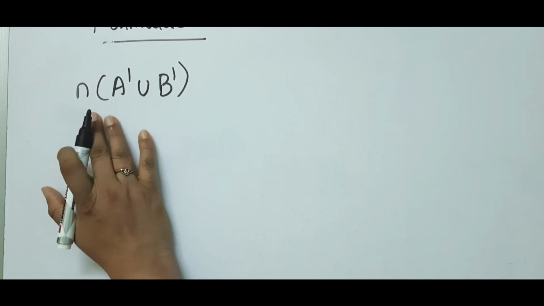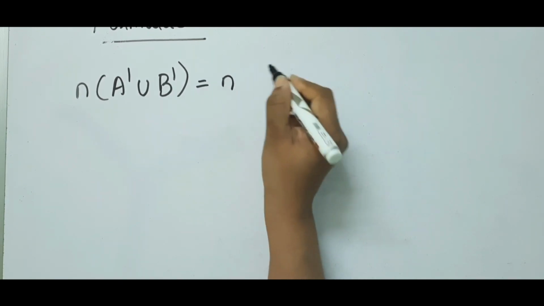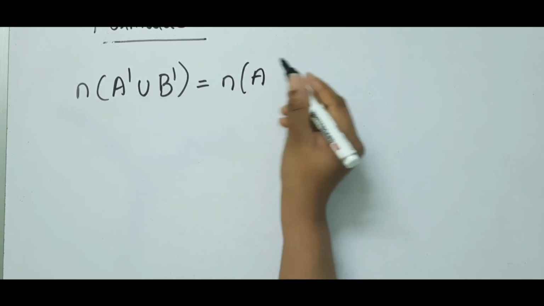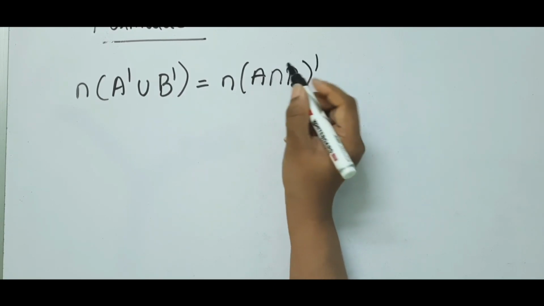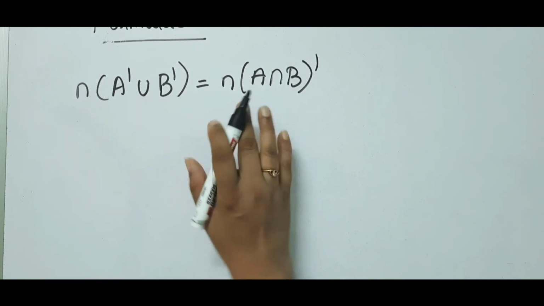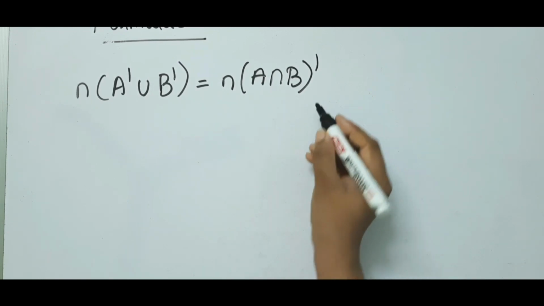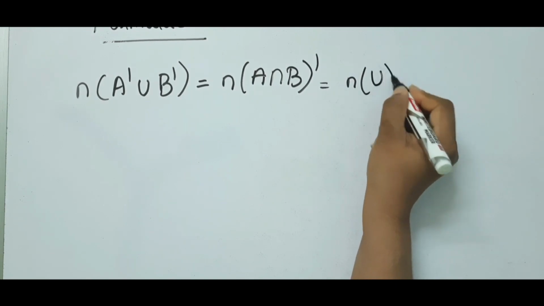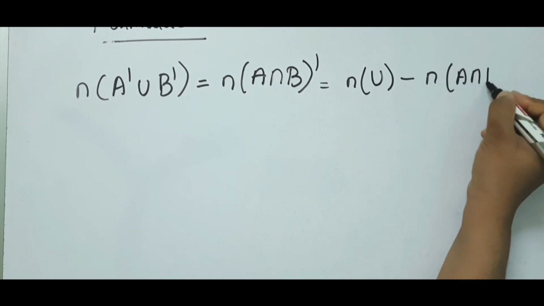So if you want the number of elements of A complement union B complement, it is nothing but number of elements of A intersection B whole complement. Means it is nothing but number of elements in universal set minus number of elements in A intersection B.